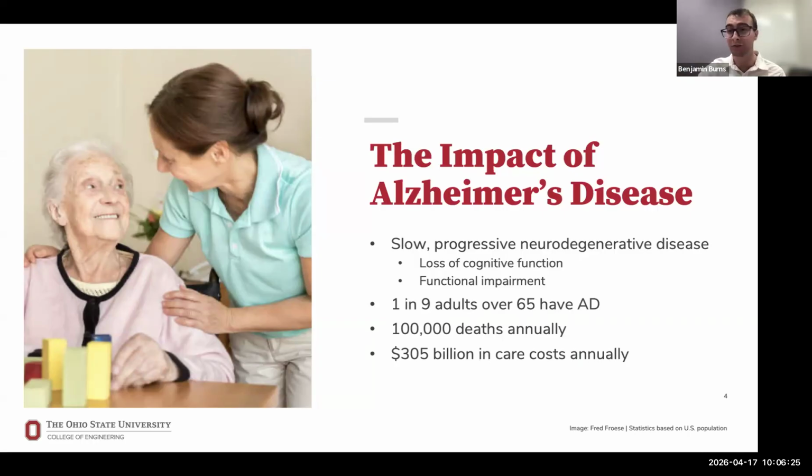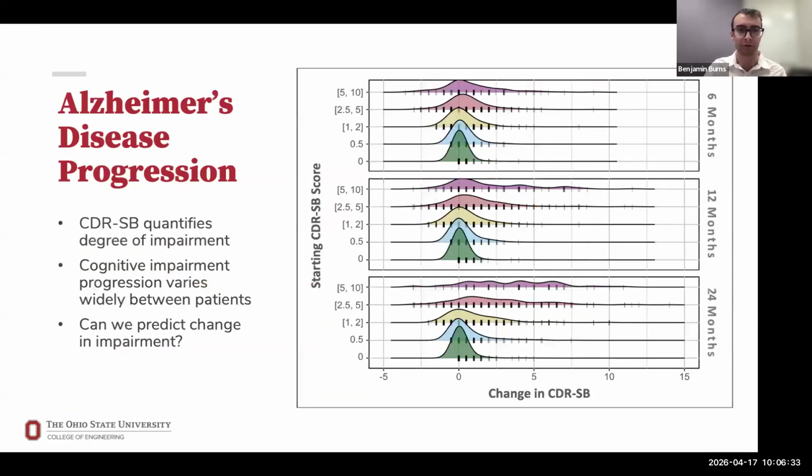For all of these reasons, it's imperative that we develop methods to better understand Alzheimer's disease and its progression. And speaking of Alzheimer's disease progression, it varies widely from patient to patient. Looking at patients with mild cognitive impairment, some will progress very slowly from mild cognitive impairment to dementia over a several year period, whereas others can have the same level of cognitive decline over a much shorter time period.